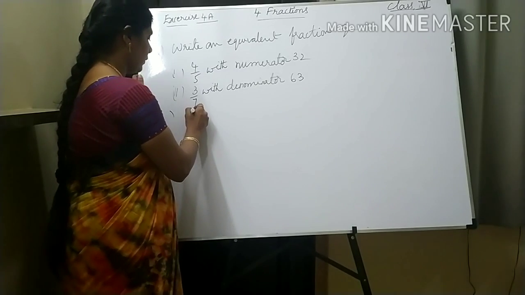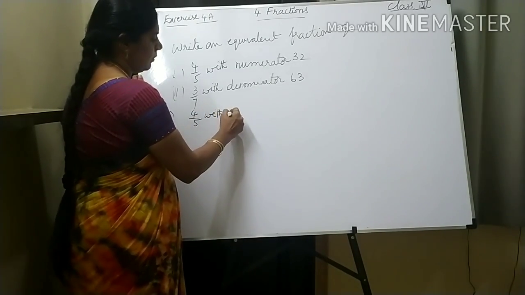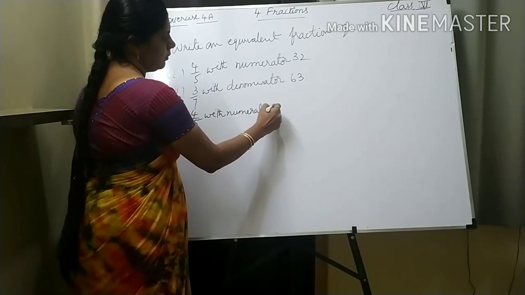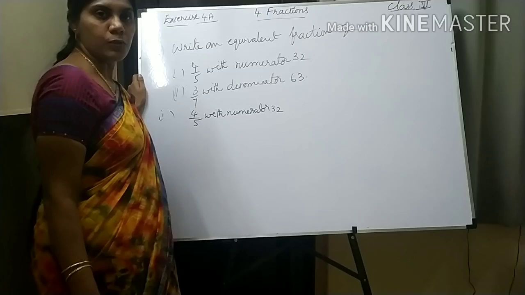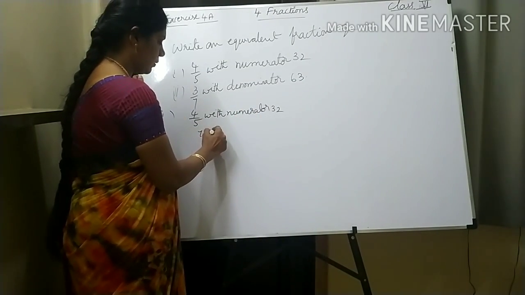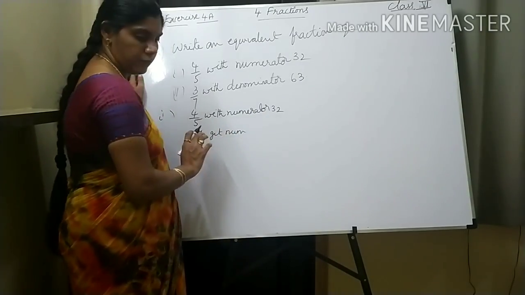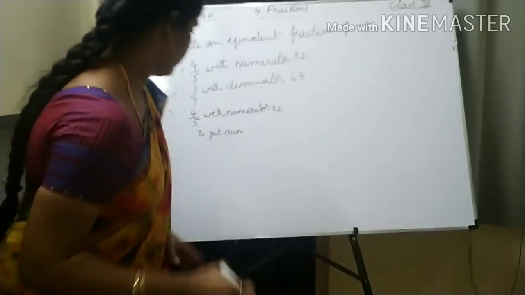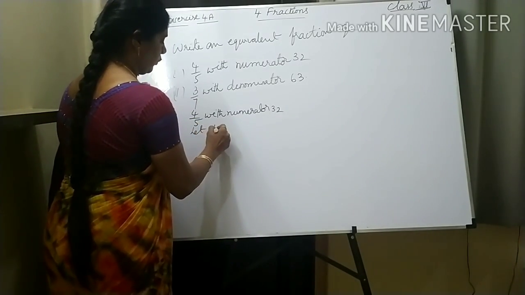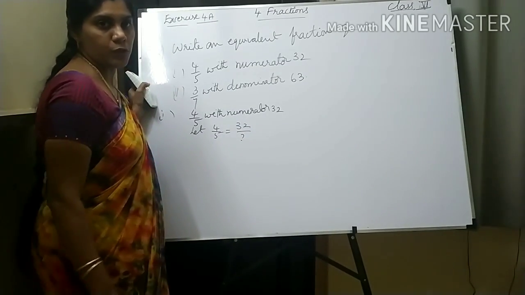See the first one, 4 by 5 with numerator 32. We have to find out this one. First write it down. Let 4 by 5 is equal to, numerator we know, denominator we don't know.